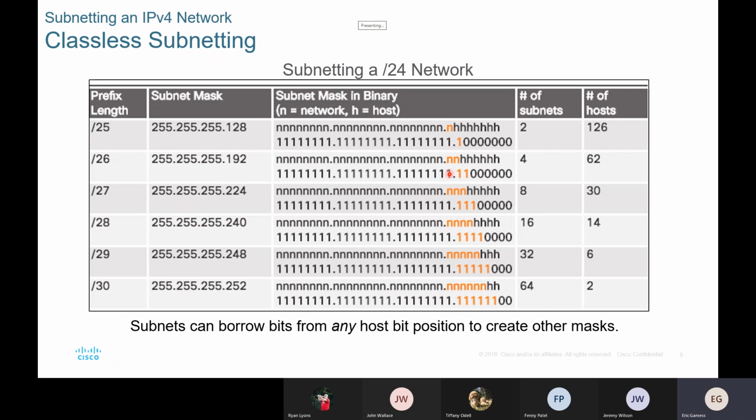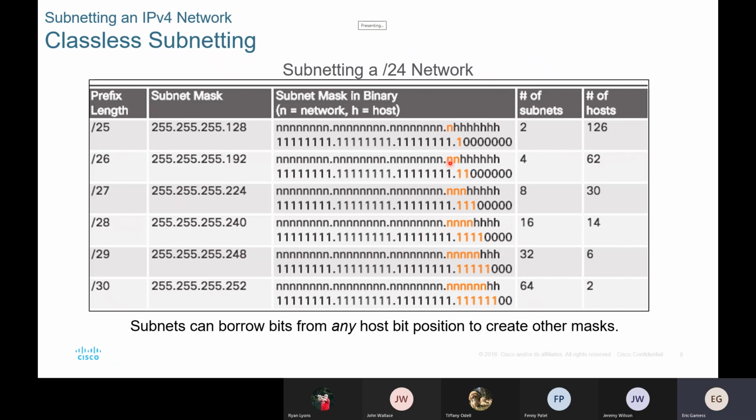Now let's say that you borrow 2 bits on the H part and convert them into subnet bits. First, the new subnet mask will be a /26, saying that we have 26 bits dedicated to the network and subnet part.